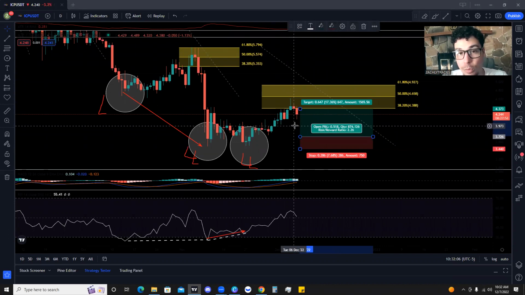Okay, that's going to give you much more room. That way, if you have a 3 or a 4 risk to reward ratio, you can lose 1 or 2 trades. And ultimately, if you hit your third trade, you're going to have a much larger win that's going to outweigh your smaller losses.